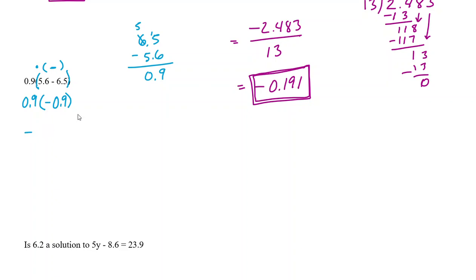A positive times a negative is negative. 0.9 times 0.9. Almost don't need to do this. 9 times 9 is 81. 9 times 0 is 0, plus 8 is 8. And of course all the zeros. So then we're just going to go over 2 decimal places. A decimal point there. Negative 0.81.